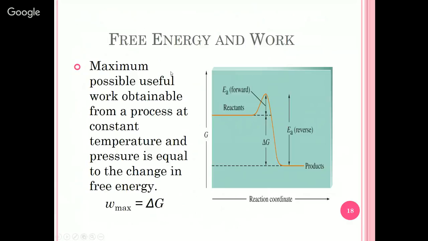So keep in mind, if a reaction is spontaneous in the forward direction, it is going to be non-spontaneous in the reverse direction. So we can look at activation energy here. This is a favorable process. It is spontaneous. Small amount of activation energy to go forward, but a huge amount of activation energy to go backwards. Remember, activation energy is just the energy it takes to get to the top of the hill.